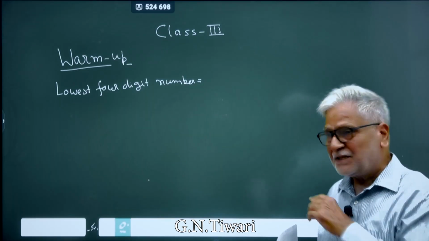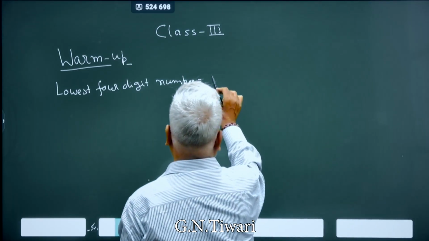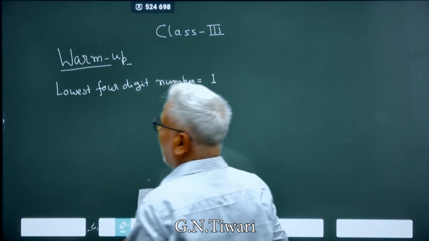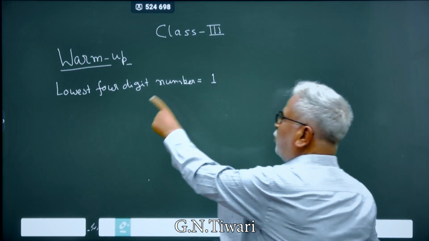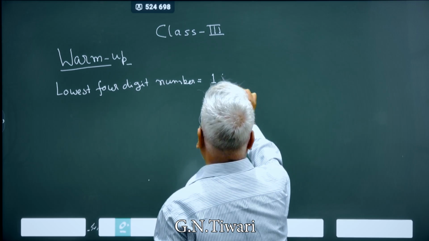In every lowest number, 1 will come into the picture. And when it says the 4-digit number, you just place 1000.